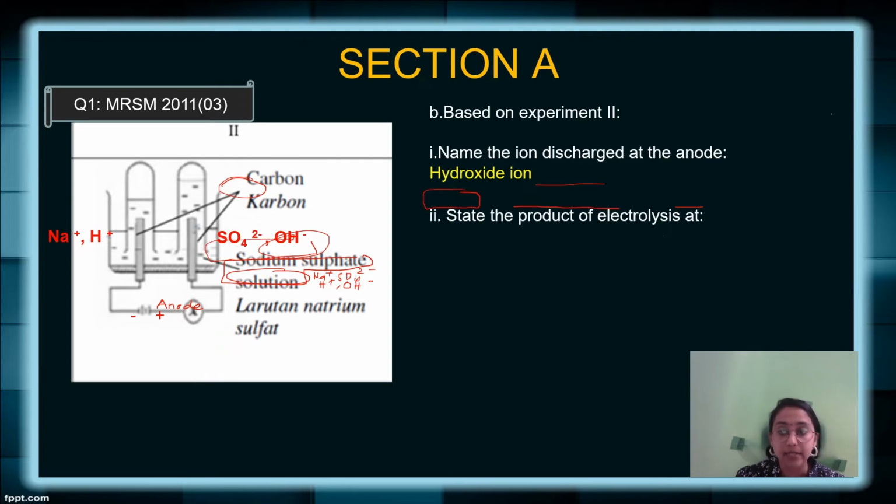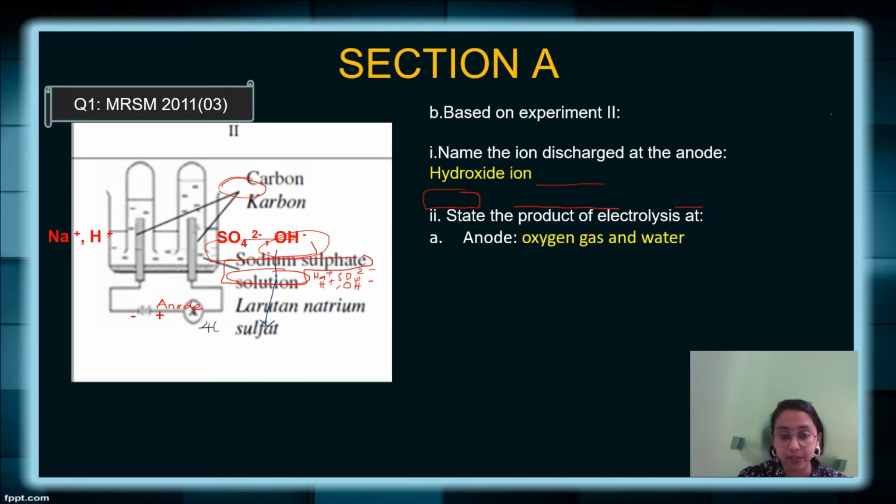And next, state the product of electrolysis at the anode. So students, you must know this is quite a famous half equation to be questioned for hydroxide. In most solutions, at the anode, if you are based on standard potential value, the hydroxide ions will be discharged.